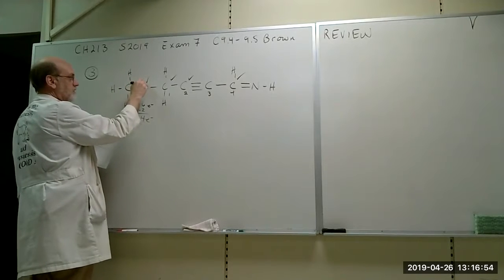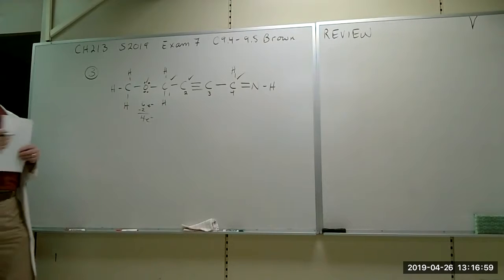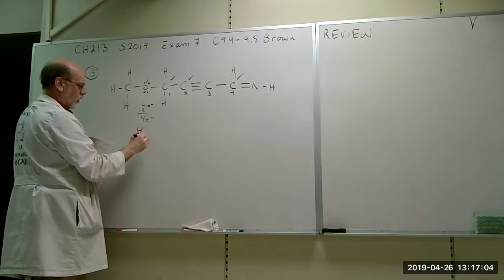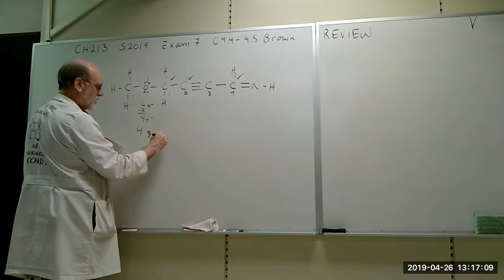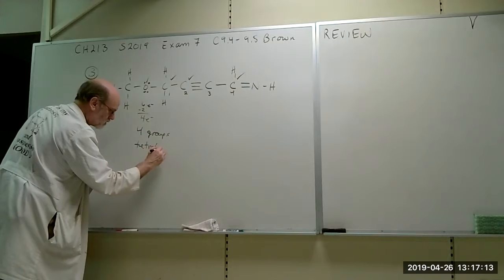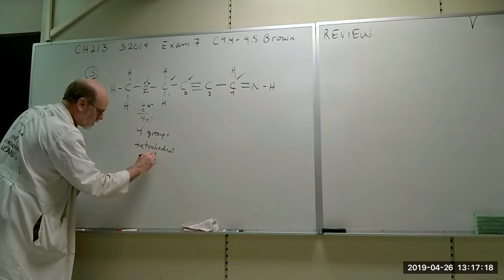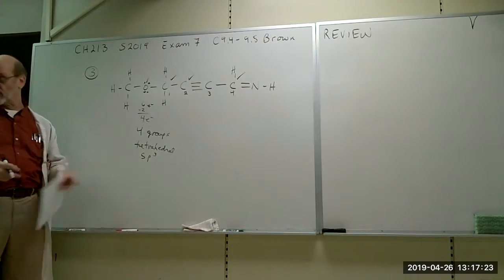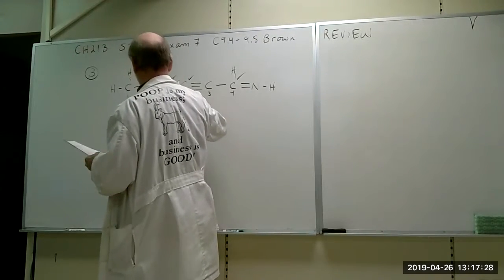That means that we have a pair there and a pair there. Right? So we've got 1, 2, 3, 4. We've got 4 groups. And 4 groups means tetrahedral. And tetrahedral means sp3, because you have to have 4 hybridized orbitals.